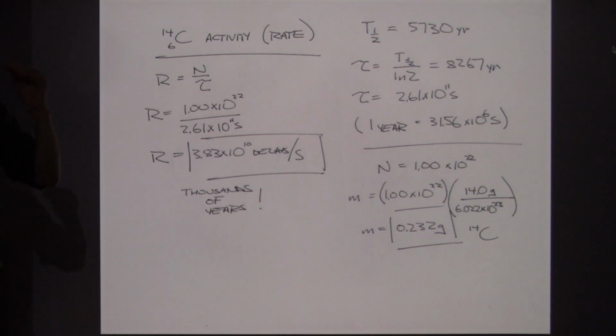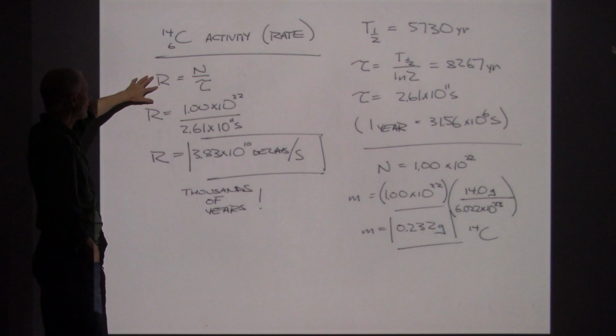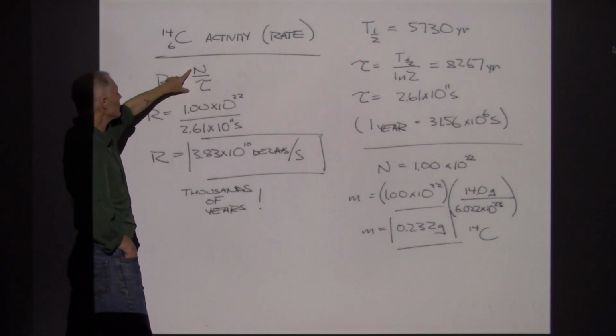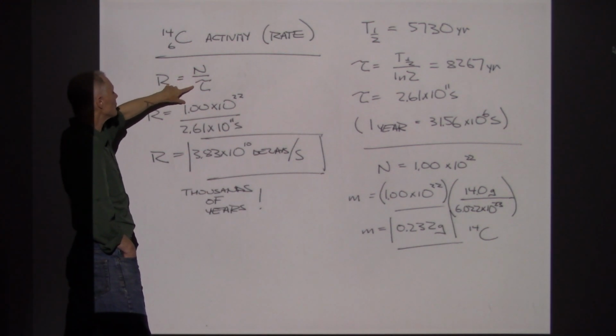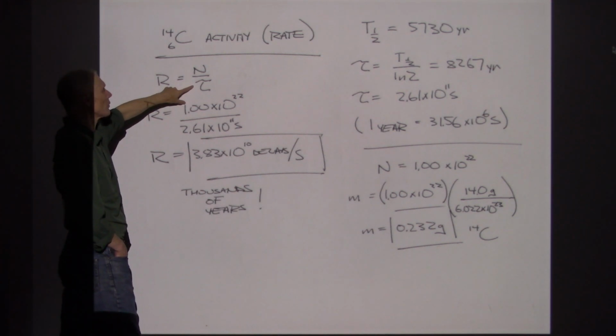They're using something called dN/dt, and that seems a little complicated, so I'm going to introduce capital R and see if that's useful. At any instant in time, the rate at which the particles are decaying is given by the number of particles present divided by the lifetime. And this is one of the reasons I like working in terms of the lifetime.